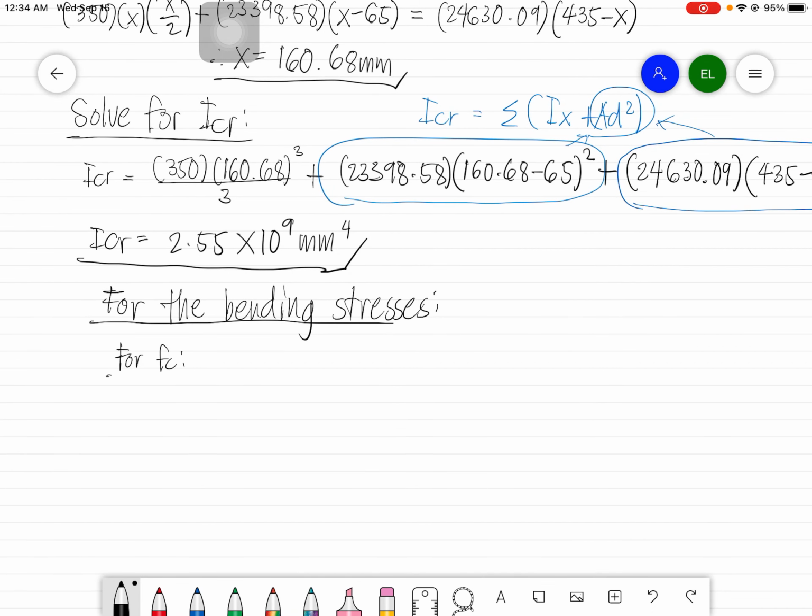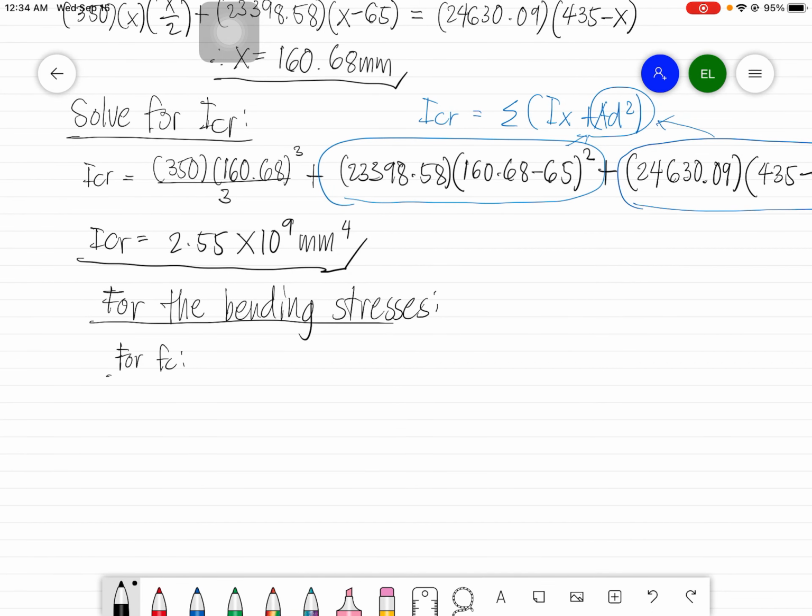Then for the tensile steel, the value of y is d minus x, if this is d distance.